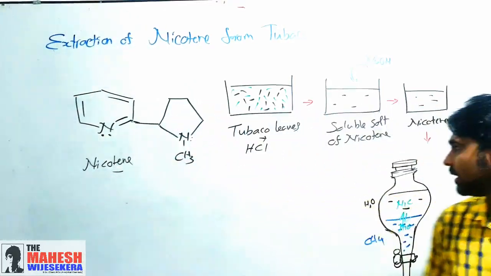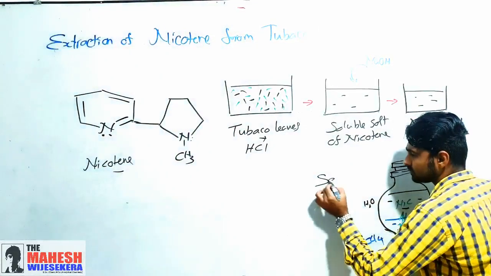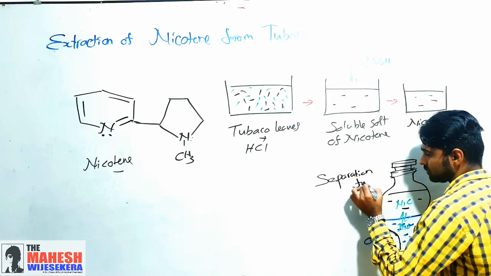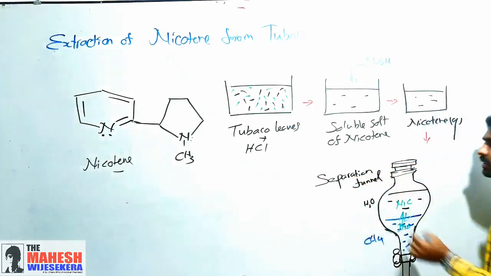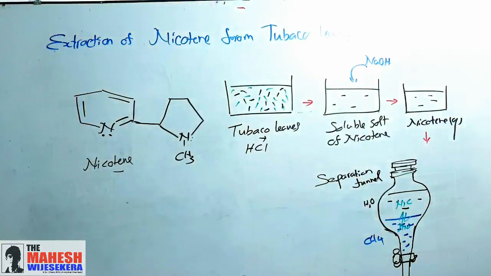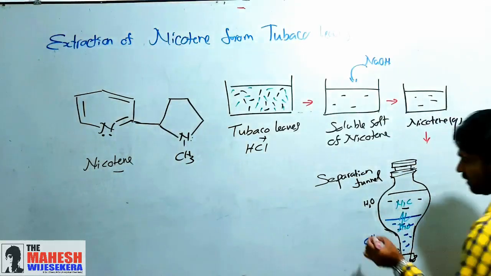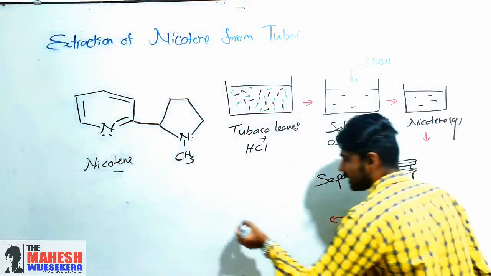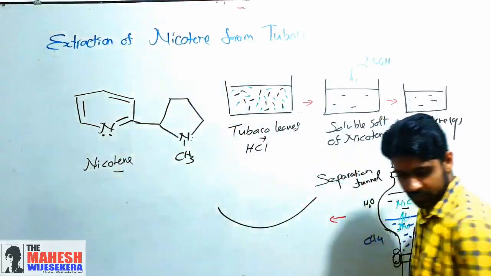This is called a separation funnel. From this, we can carefully separate the CCl4 layer.